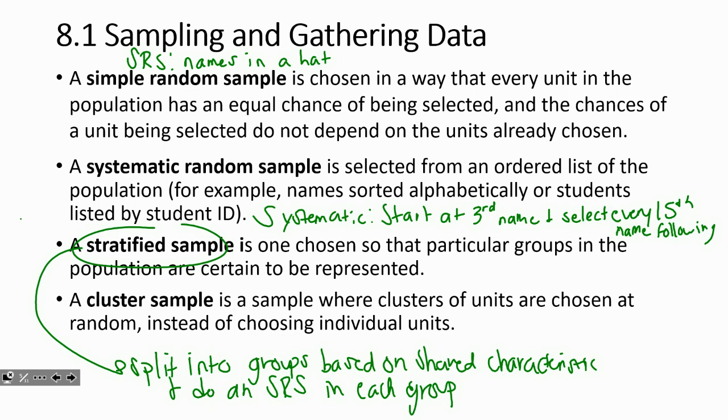You want to know how many students are in favor of having 20 extra minutes at lunch, and you want to make sure you get the right group of people. So what you're going to do is split East High up by freshmen, sophomores, juniors, seniors, and then within those groups of their classes, you're going to maybe select 15 from each class to tell you their opinion. So you split them into groups first, and then you do an SRS within each group.